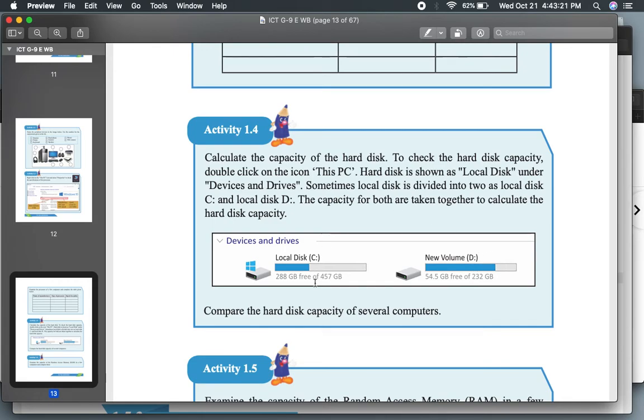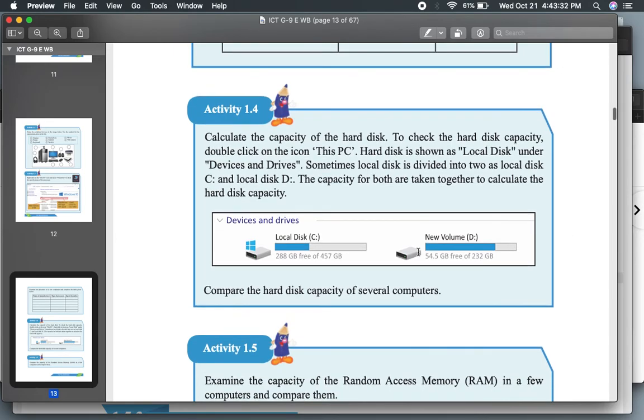So you have to add these together to get the total capacity of that hard disk.